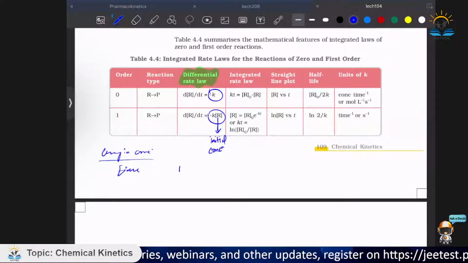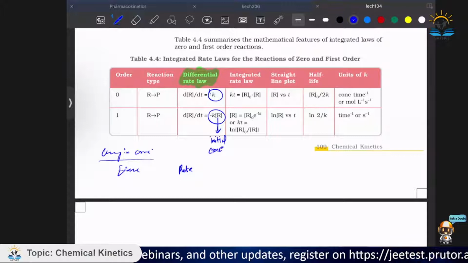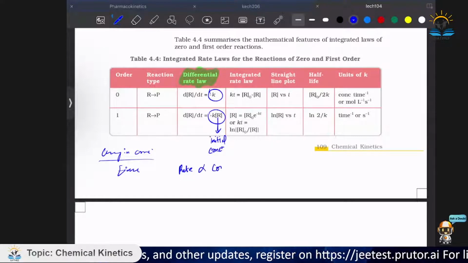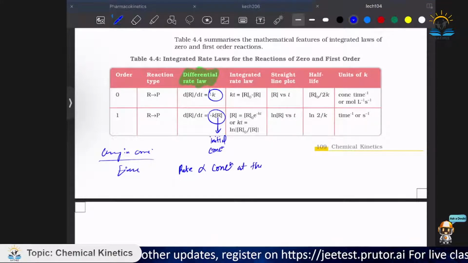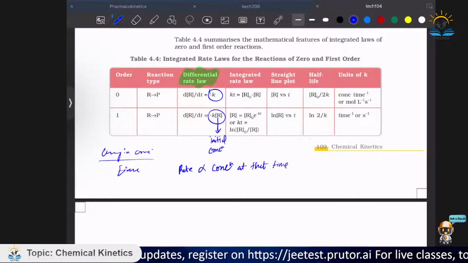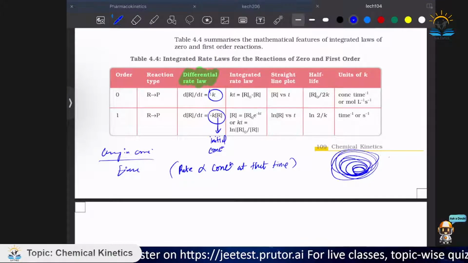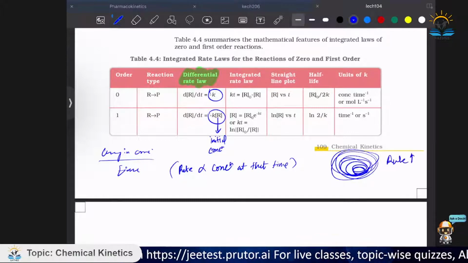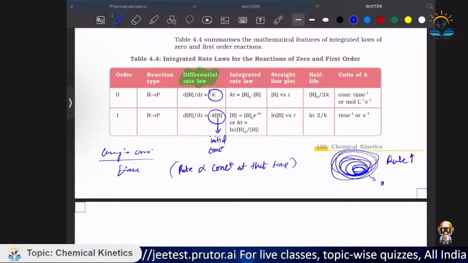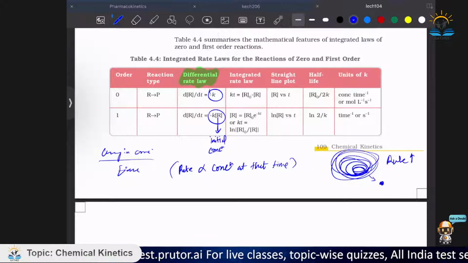In first order, the rate of reaction is proportional to the concentration at that time. Means if the concentration is really high, the rate is also high. But as it progressively decreases, it turns into product, the rate also decreases.